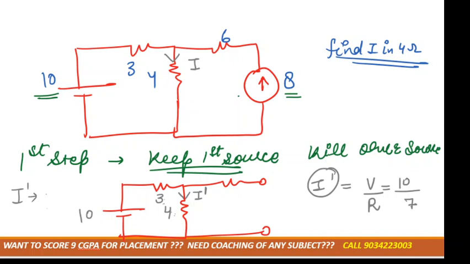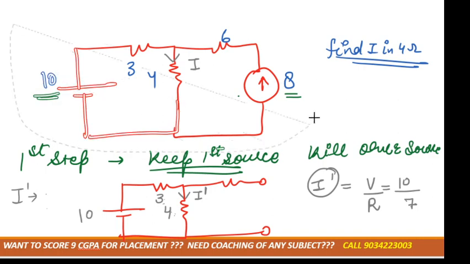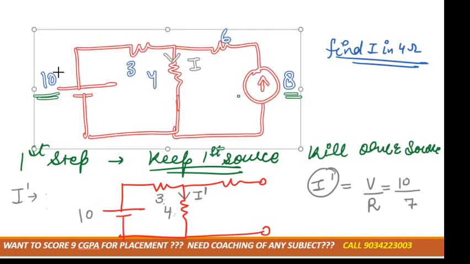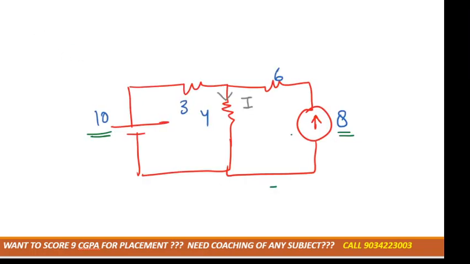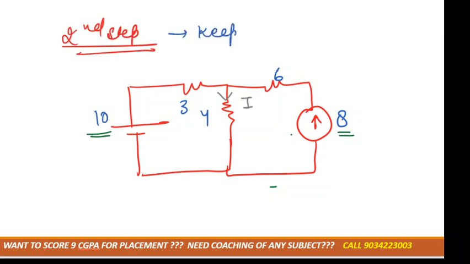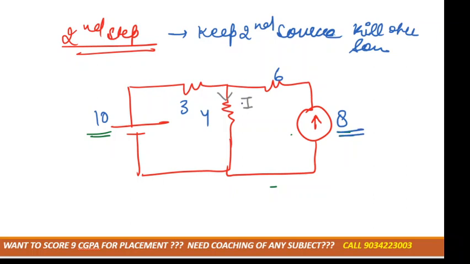The first step is done; tell me if there is any doubt. In short, we keep the first source and the other sources must be removed. Now what do we need to do in the second step? In the second step we keep the second source and kill the other sources. The second source, 8 ampere, remains as it is.